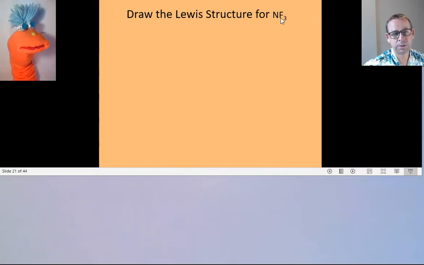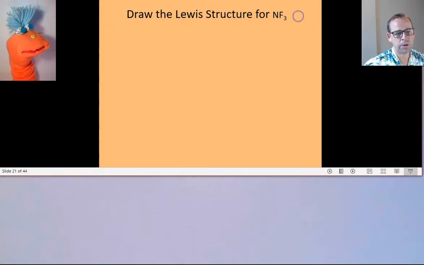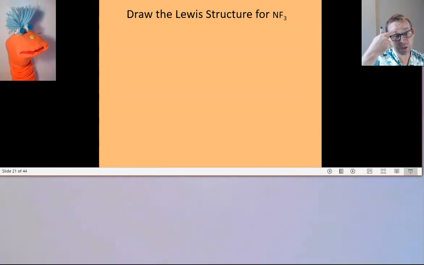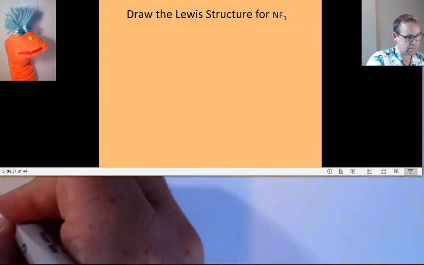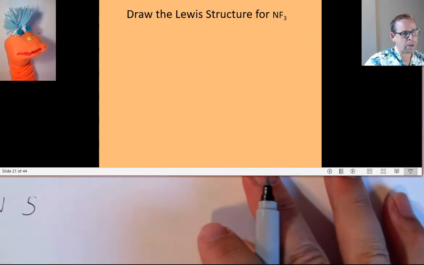Well, how many valence electrons does it have? Can you show me the periodic table? All right, here's nitrogen. 5th column, 5 valence electrons. Very good. So nitrogen has 5 valence electrons, and I'll write that 5 down here. How about fluorine?